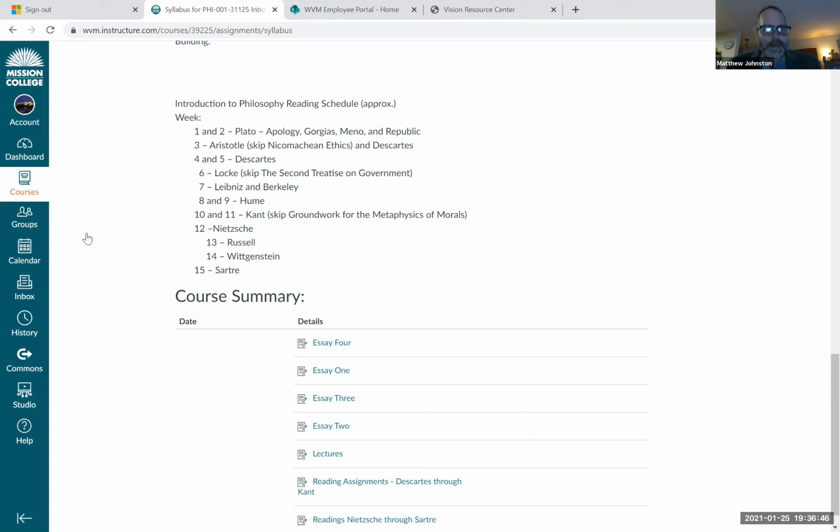The reading starts with Plato, the Apology, the Gorgias, the Meno, and the Republic. All of those are in his complete works. It's his complete works, right? So when you go back to modules and you look at the first text in there, it says Plato's complete works. Well, these 4 readings are in the complete works.